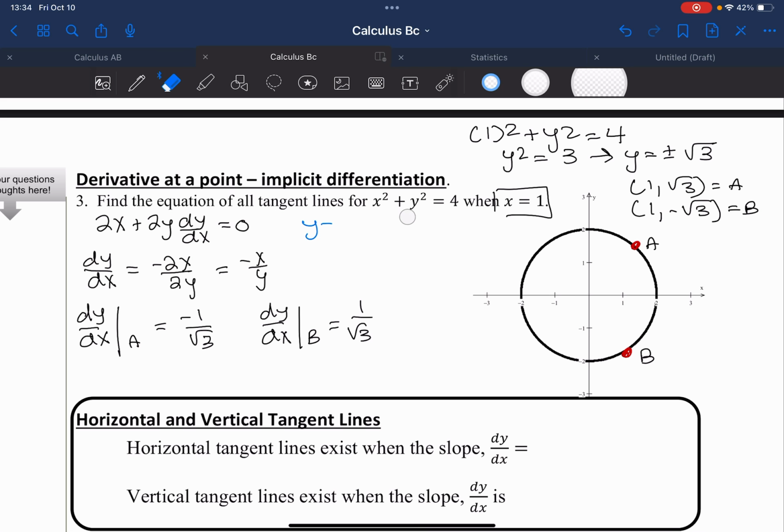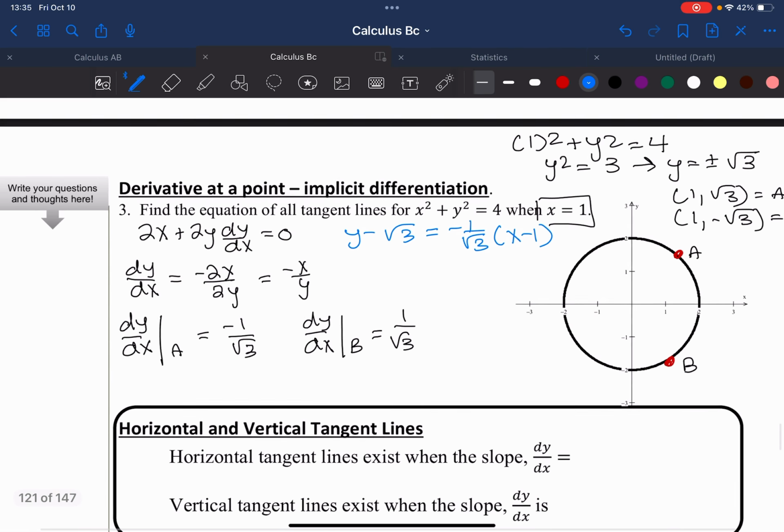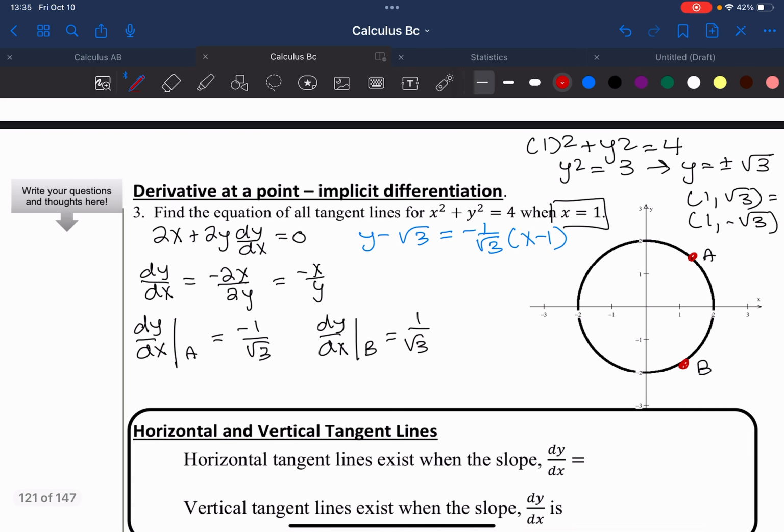Let me just rewrite this. So y minus the square root of 3 is equal to negative 1 over the square root of 3 times x minus 1. And then for the other one, I have y plus the square root of 3 is equal to 1 over the square root of 3 times x minus 1.